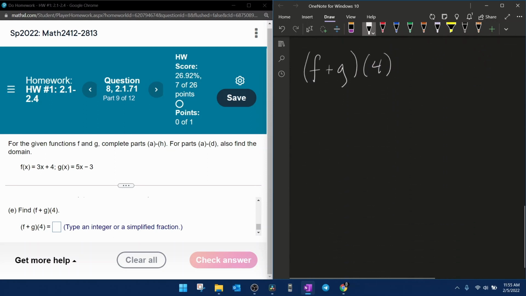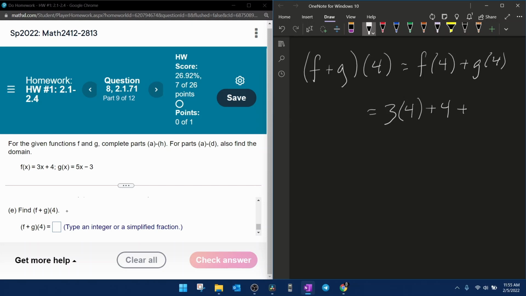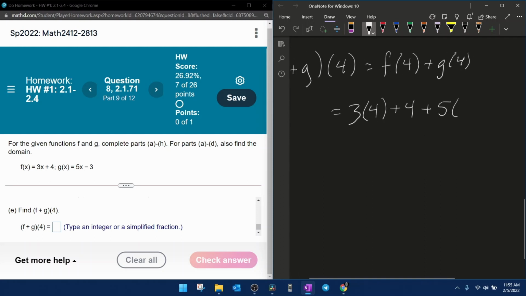The other way to do this, provided that you have not already done f plus g of x, is to remember that f plus g of 4 would be the same as f of 4 plus g of 4. And that says you can evaluate each function separately, plugging in a 4 for x, and then you can add the results.